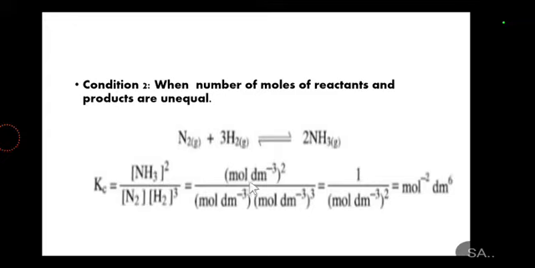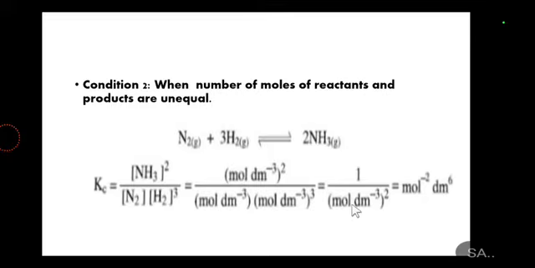You are just writing the concentration here and writing the number of moles, representing them as the power. Here 1 mole of nitrogen is reacting, and here 3 moles of hydrogen are found. So when you solve it, you will get this unit for Kc.